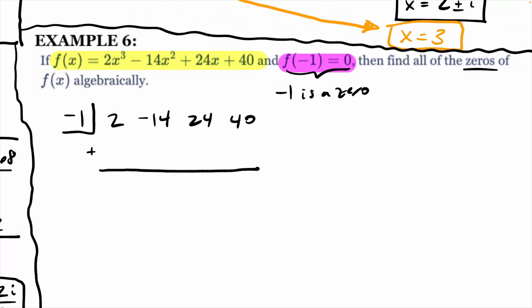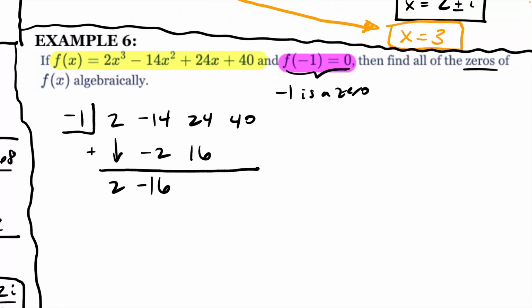First number comes straight down. Multiply. Bottom number 2 times the house, -1, -2. Add straight down. -14 plus -2, -16. -16 times -1, +16.